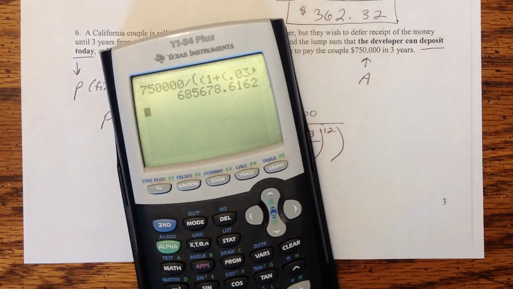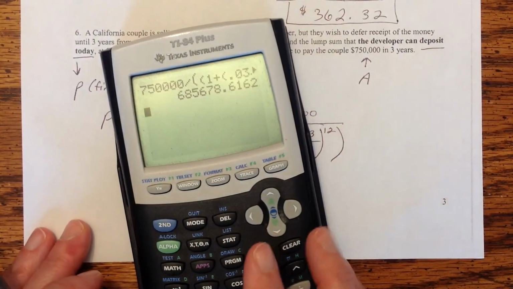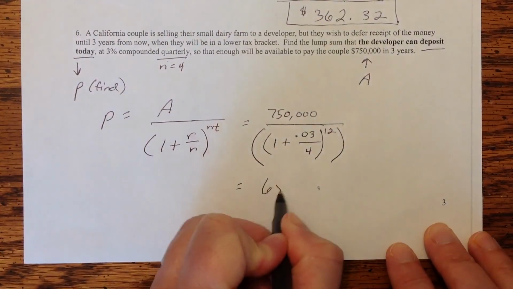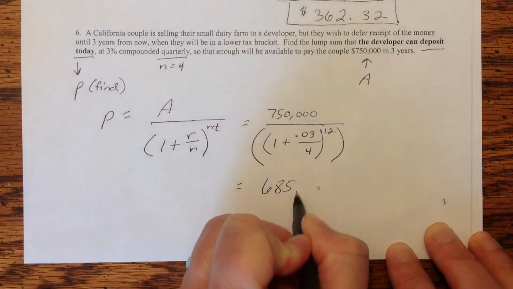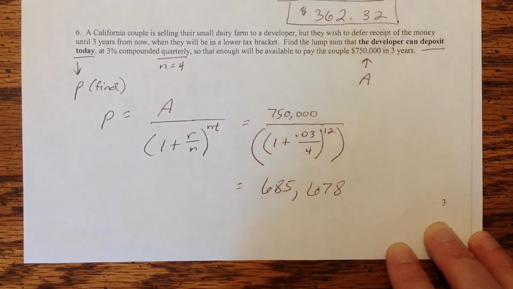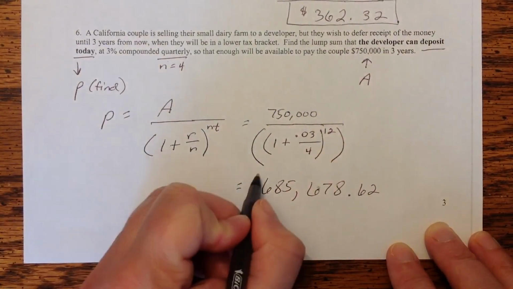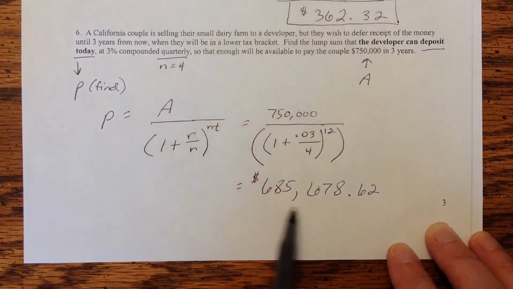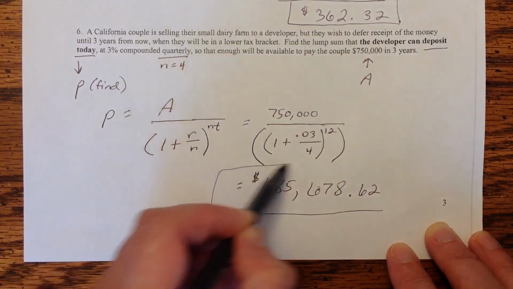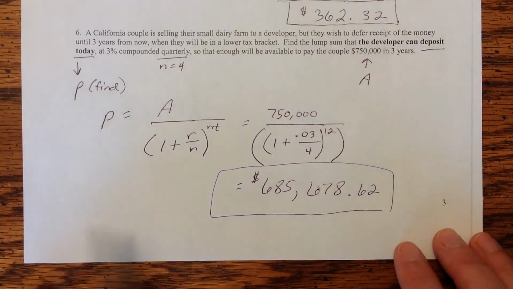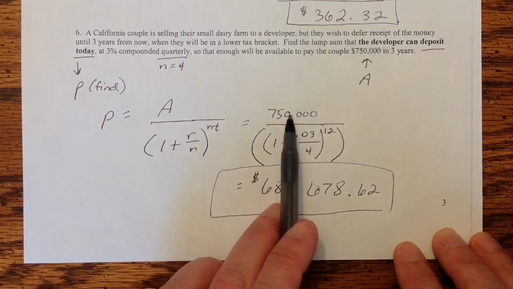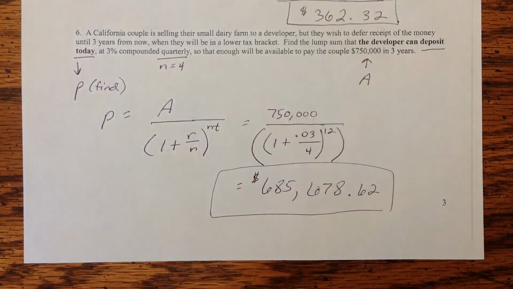And now I'm going to hit enter. So we get 678.62. That's how much the developing company must deposit so that in 3 years' time they have $750,000.